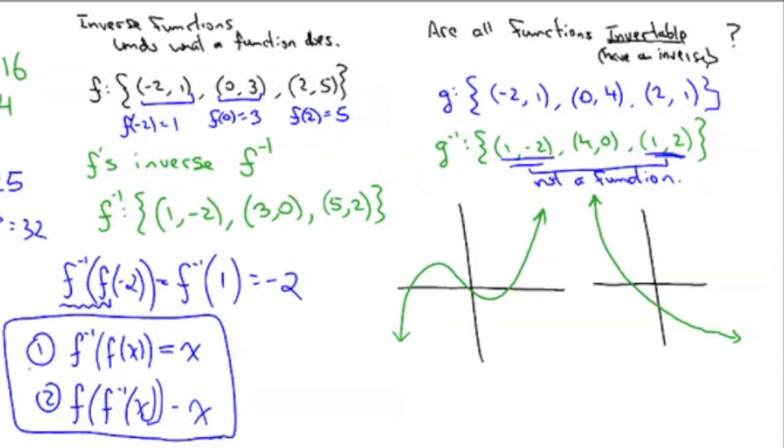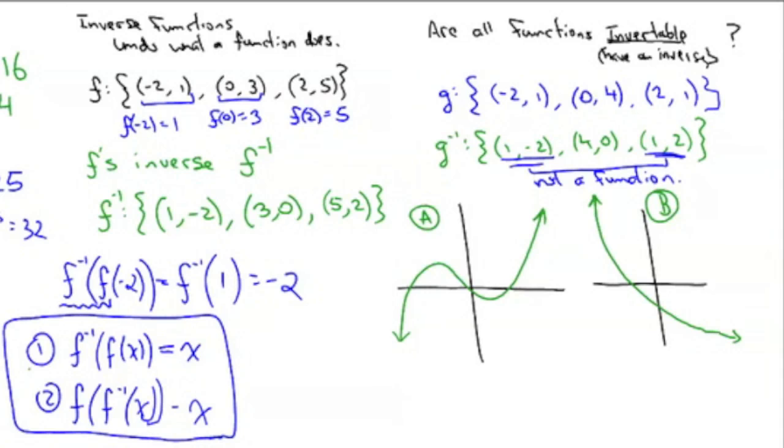Out of those 2 functions, which one do you think has an inverse? A or B? Or do both of them? Or do neither of them? Play the devil's advocate. Both have an inverse? The answer is nope. So which one definitely has an inverse? A definitely does not have an inverse.